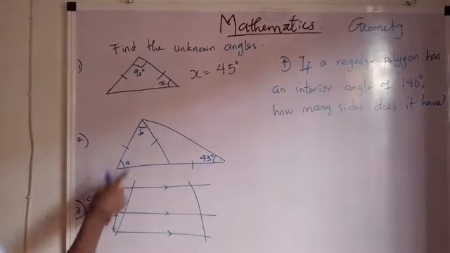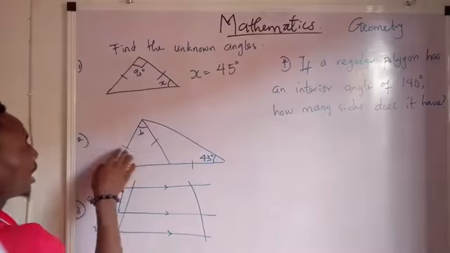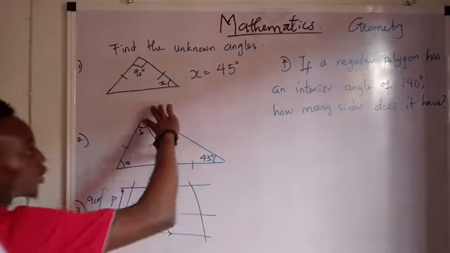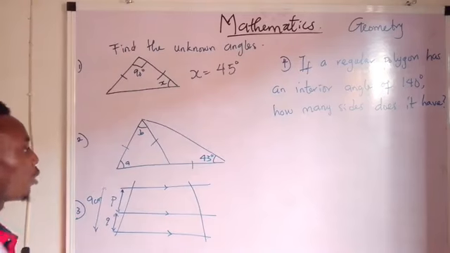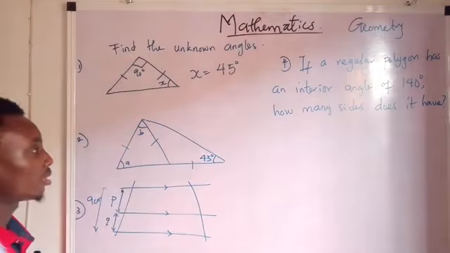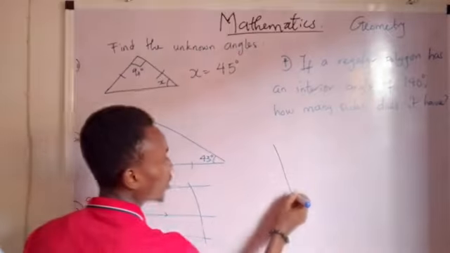Moving very quickly to the next one. Now see this symbol. This symbol here means that this triangle is an isosceles triangle, and this other one is also an isosceles triangle. First of all, how do we find the value of A and B? Let's calm down. Look at this one.